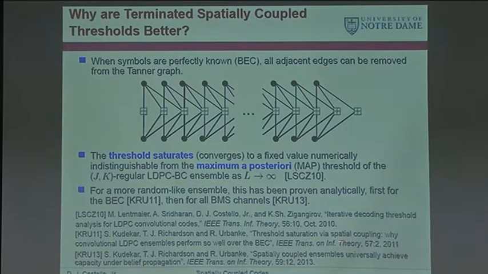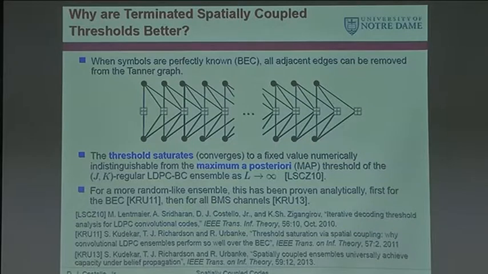They proved that the threshold of these spatially coupled codes goes to the MAP threshold of the underlying ensemble. They proved it analytically, first for the erasure channel, and then a couple of years later they did it for more general memoryless channels.